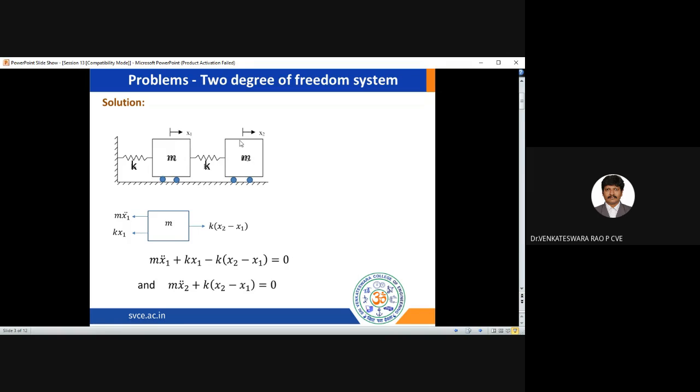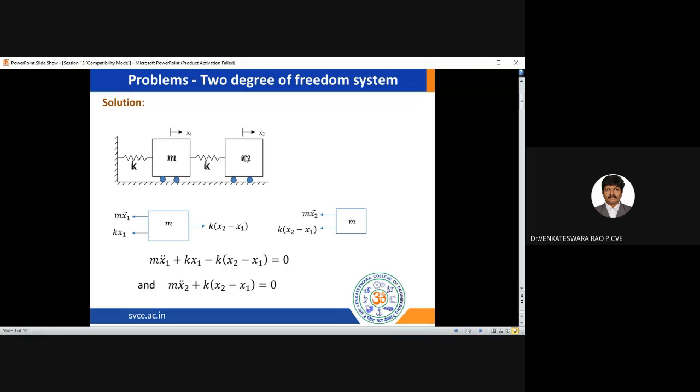So the front side displacement of the second spring is x2, and the backside displacement is x1. So for the spring k, we get a relative displacement, k into x2 minus x1. With that, we have a spring force on the first mass.